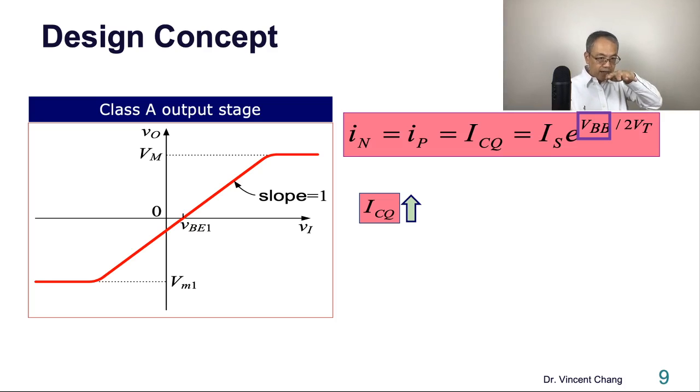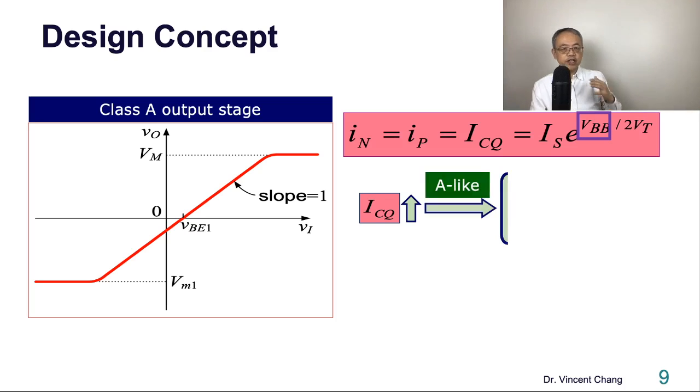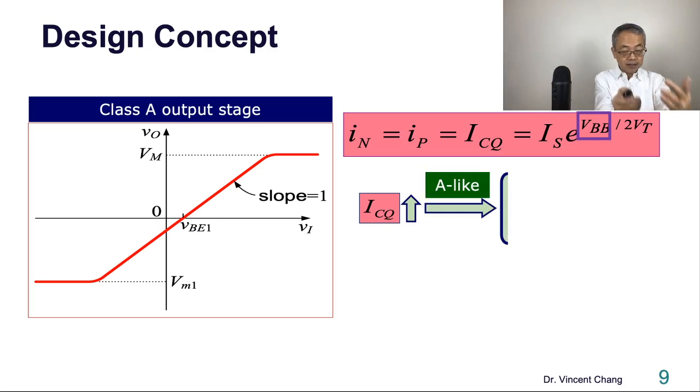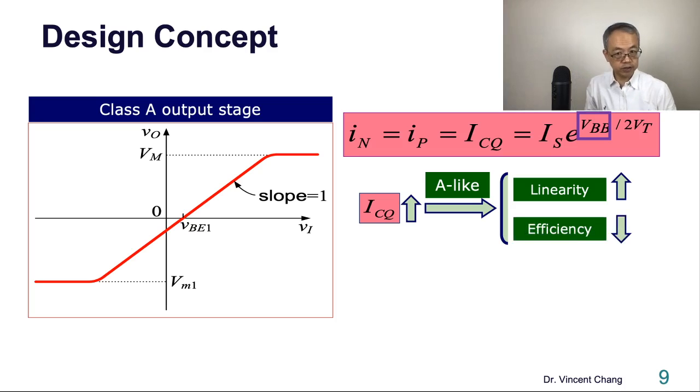When the ICQ goes up, you gradually see the valley fill in. Remember the mountain and the valley? The circuit becomes more like Class A. If you are Class AB but more like Class A, you have higher linearity. And what price do you have to pay? You have lower efficiency.